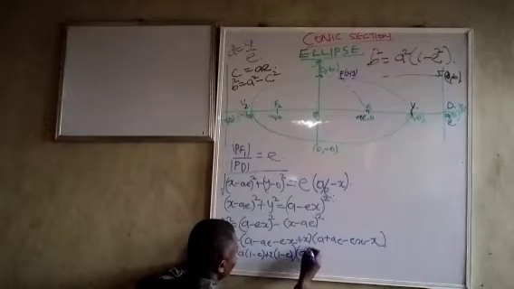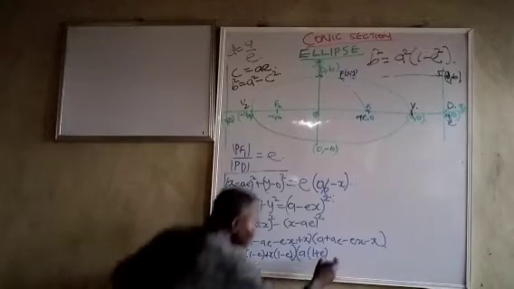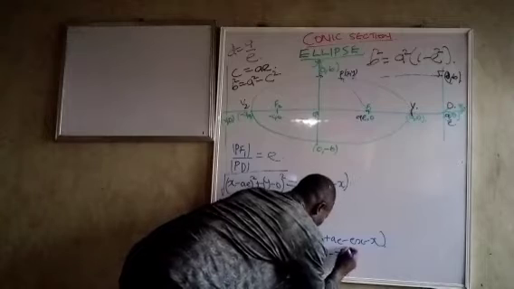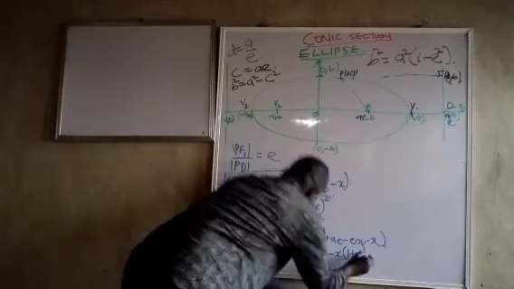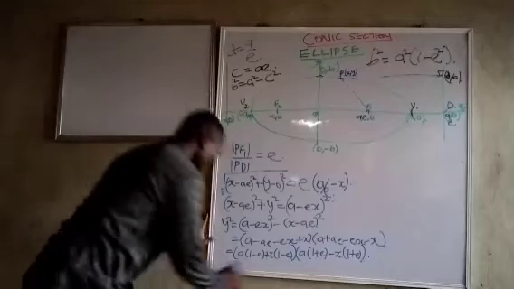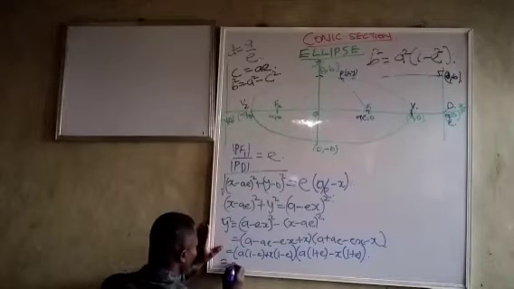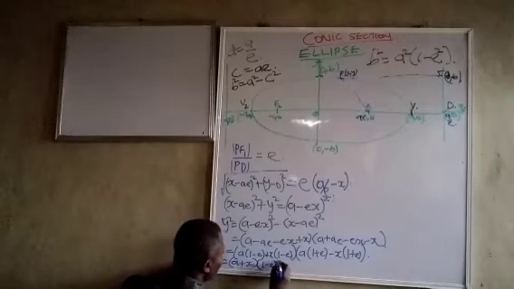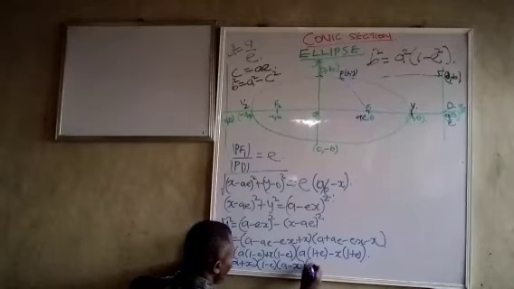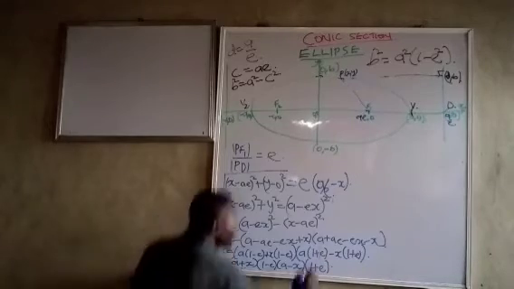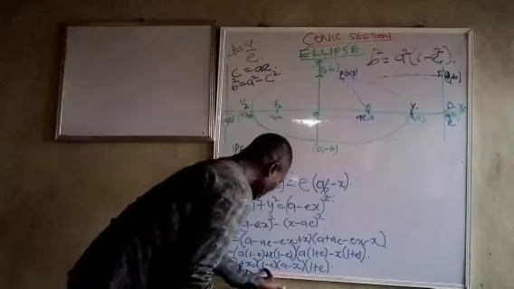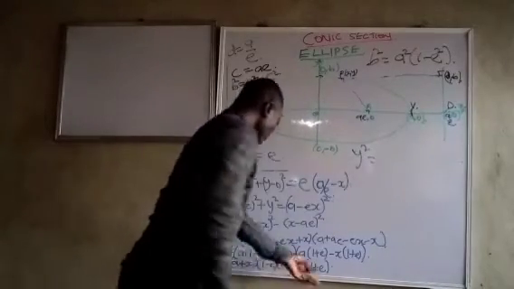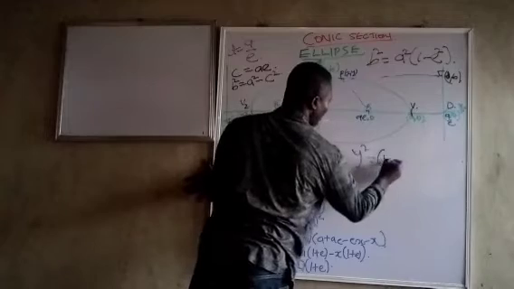This one will give me a into 1 plus e minus x into 1 plus e. So the result is this. Factorizing everything is going to give me a plus x into 1 minus e, a minus x into 1 plus e. So you can see 1 minus e times 1 plus e. What does that give me? It gives me 1 minus e squared.